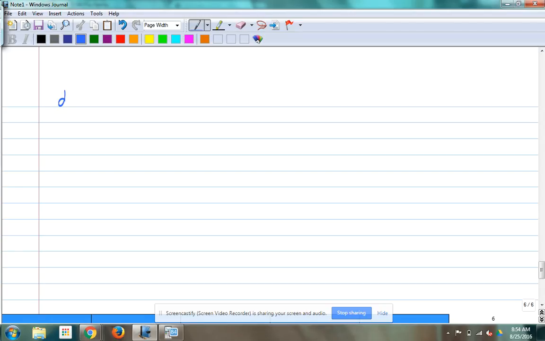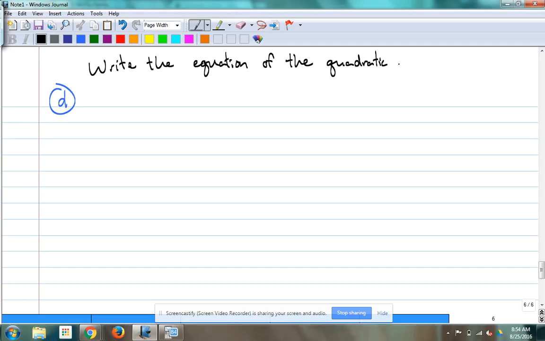This is example D. Write the equation of the quadratic in all 3 forms.